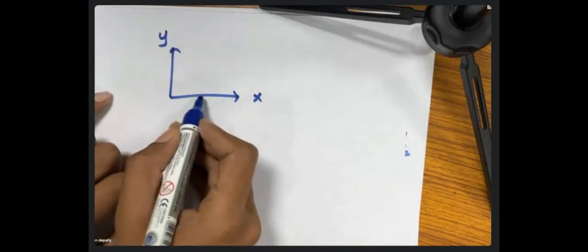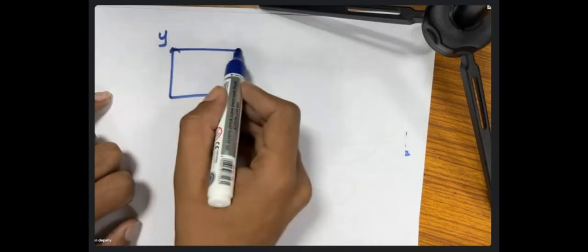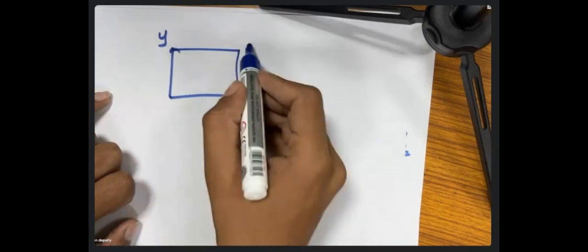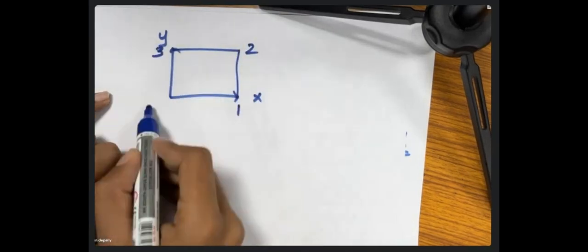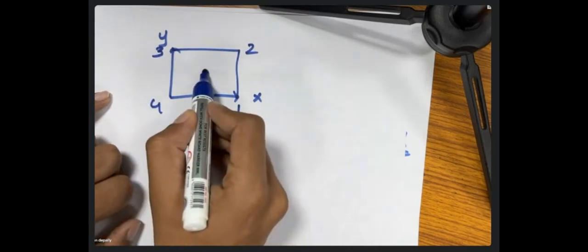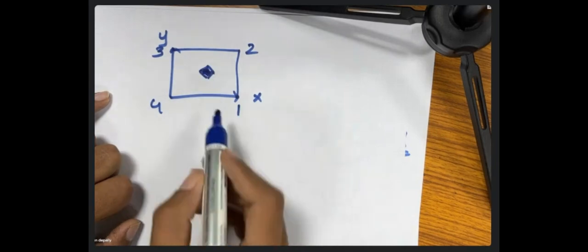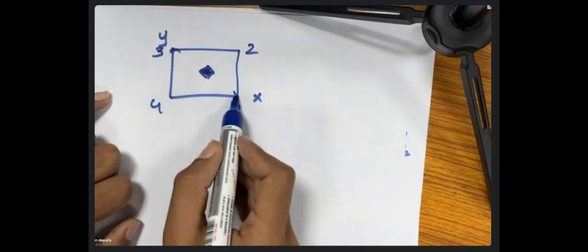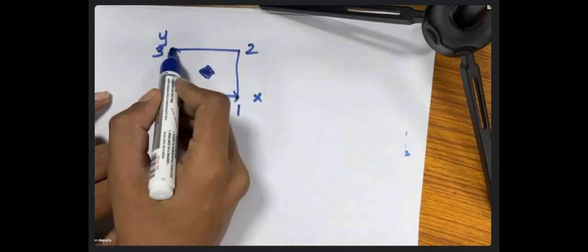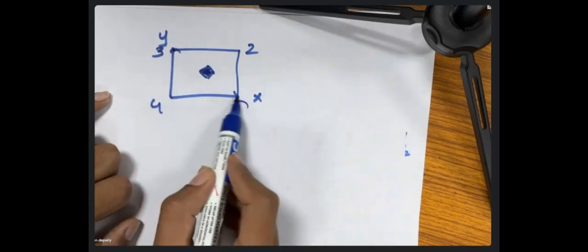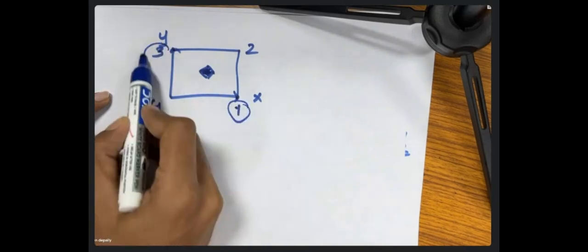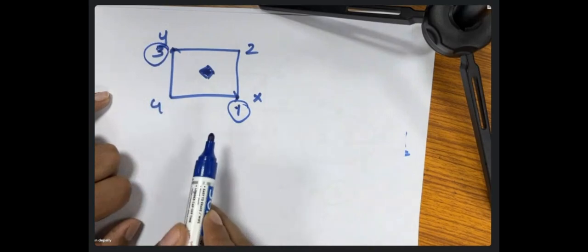So applying the twofold, let's make a complete square itself. 1, 2, 3, 4, across this particular axis. If I apply the twofold, this 1 will transform to the point 3 after twofold.